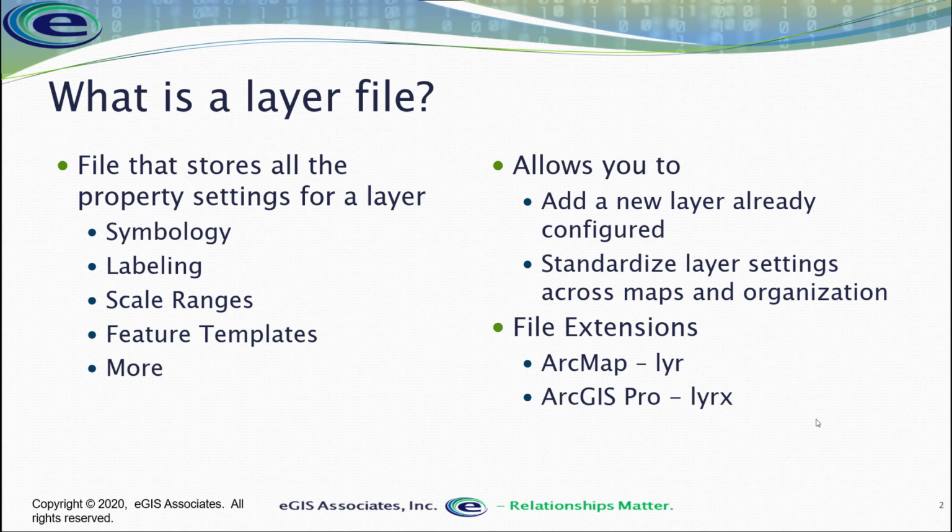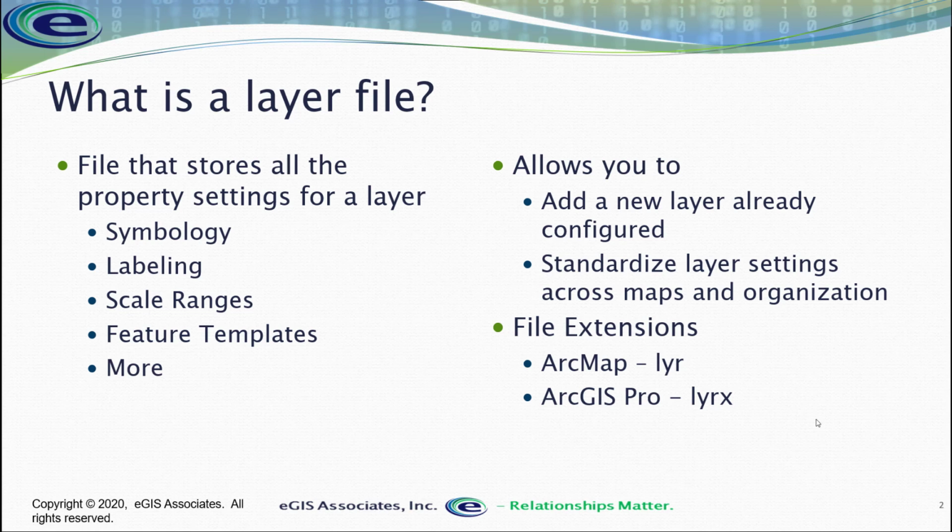And what this allows you to do is, once you've configured a layer in one map and got everything set up, all of those things, scale ranges, label settings, symbology, your feature templates configured, your field visibility settings configured, you name it, all of those various property settings get saved in that file.